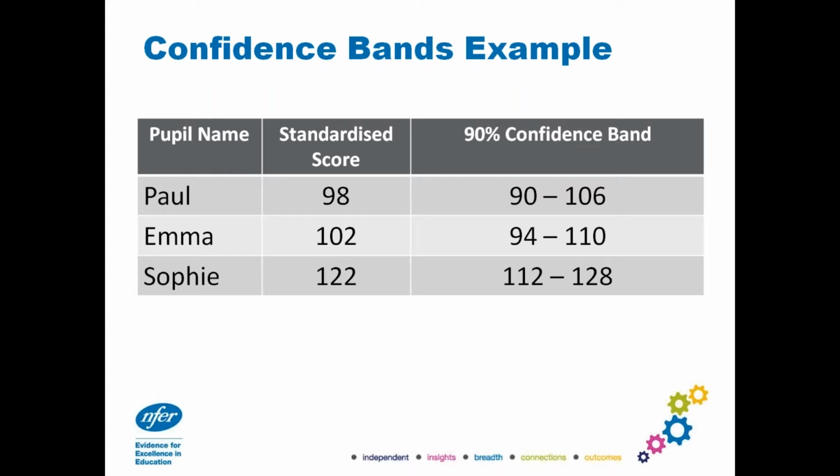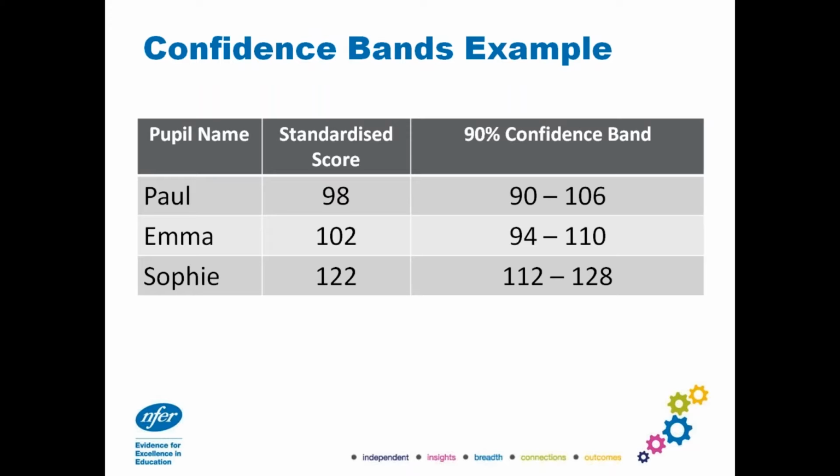So they can both be described as having broadly average performance on the test, because both of the confidence bands cross the 100, so they go within the average. If we look at Sophie, however, we can be 90% certain that her true score in reading lies between 112 and 128. The confidence band for Sophie does not overlap with either Paul or Emma.